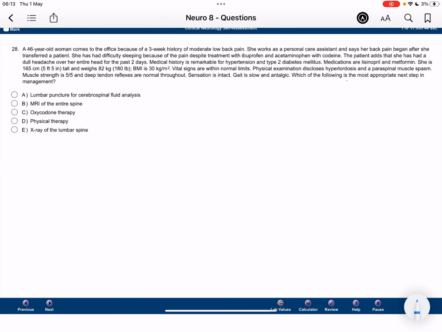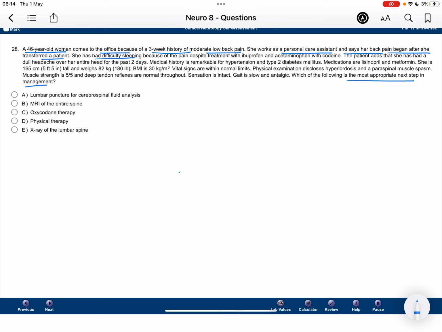Which of the following is the most appropriate next step in the management? Lumbar puncture for CSF, MRI of the entire spine, oxycodone therapy, physical therapy, and X-ray of the lumbar spine. A 46-year-old woman comes to the office because of a 3-week history of moderate low back pain. She works as a personal care assistant and says her back pain began after she transferred a patient.